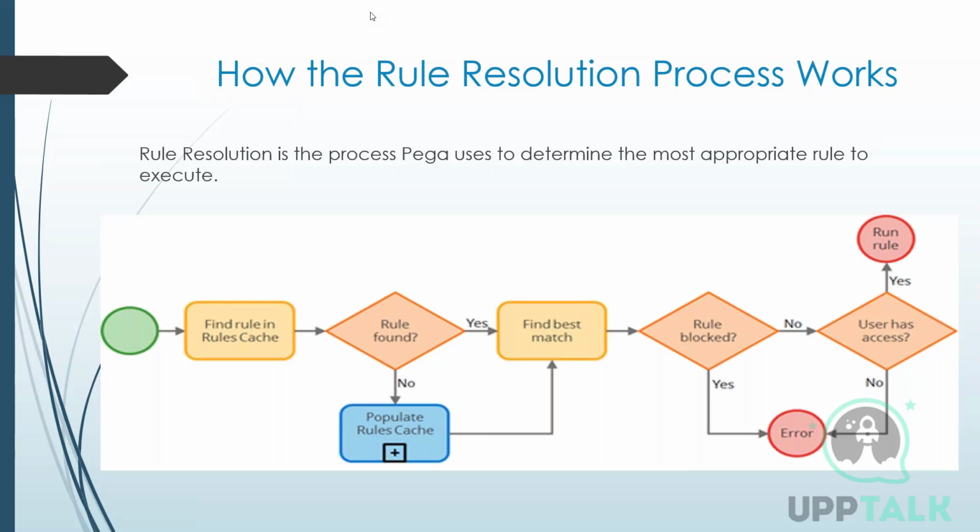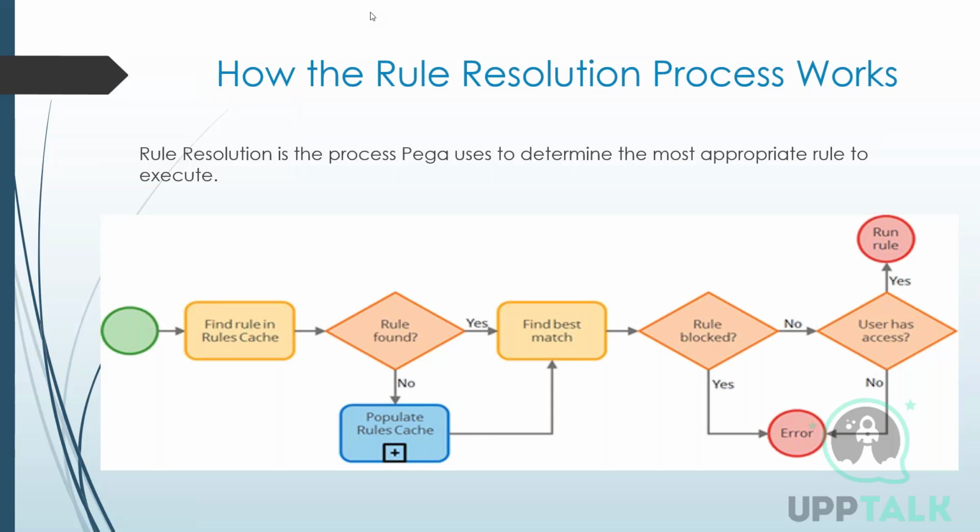Initially, your rules cache is going to be empty. So the first time you are running the application, the system should start populating the rules cache first. It has to identify the correct rule for every instance and place it in the rules cache.